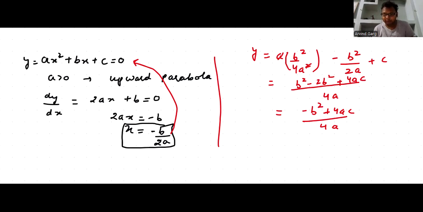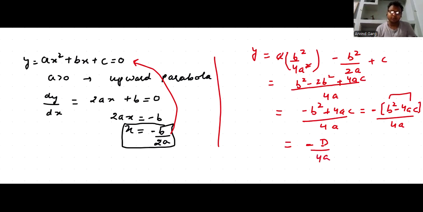If you take minus as common, you can write b square minus 4ac divided by 4a. So from here, as you know, this is the value of d, the discriminant, as we have already studied in class 10. So minus d by 4a. So these are the generalized formulas for the x and y coordinates.